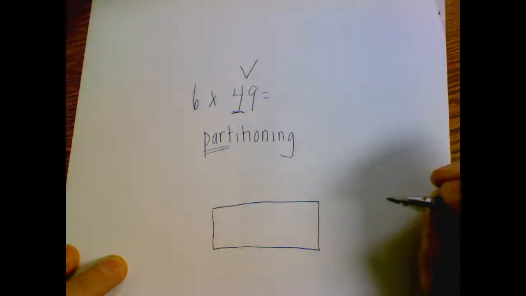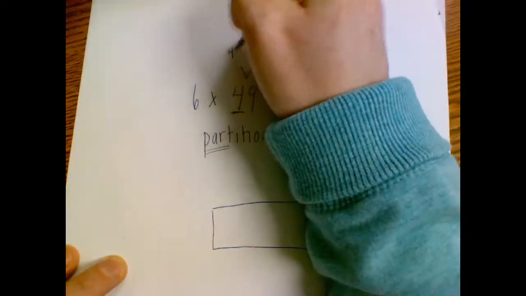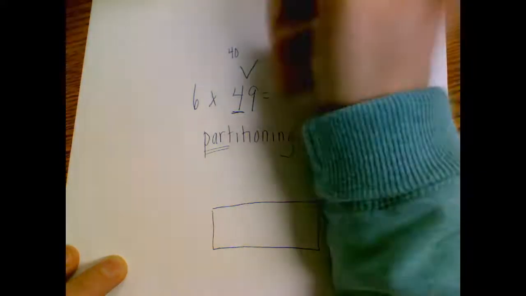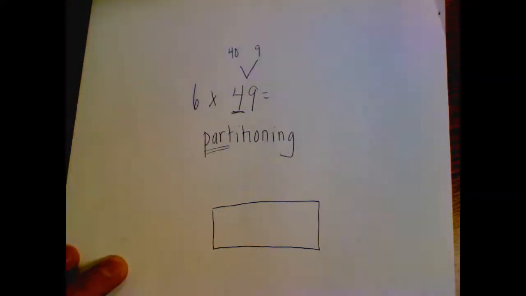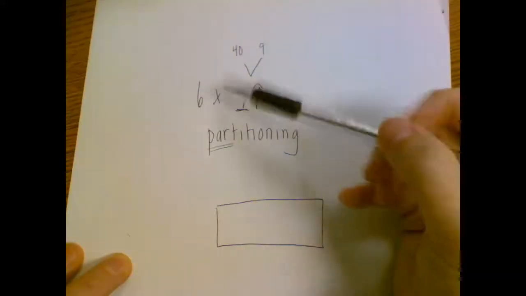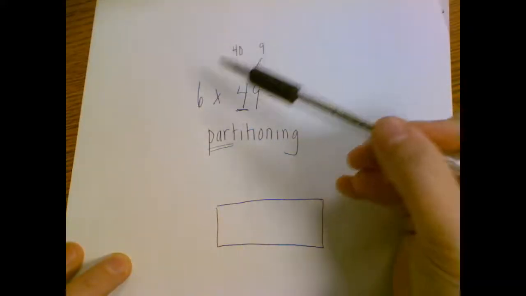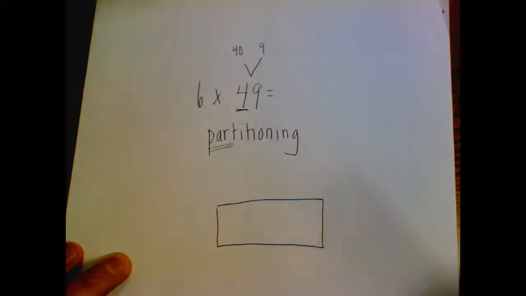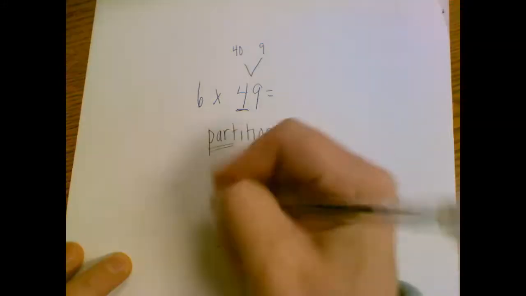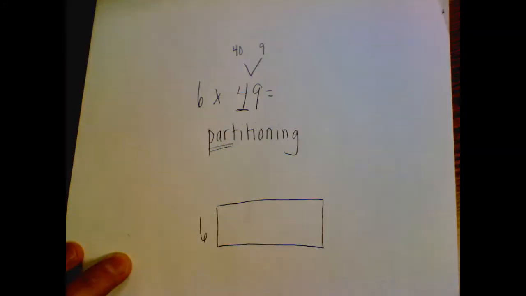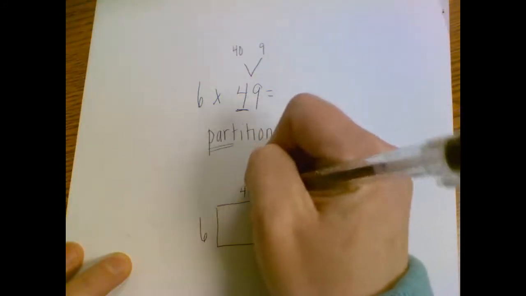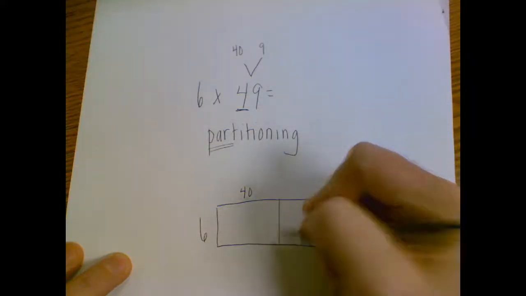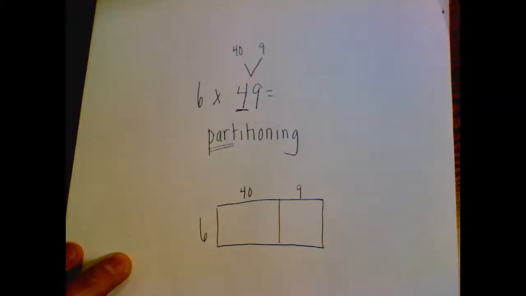So this 4 is worth 40, and then the ones are 9. So what that means is if we multiply 6 by 40 and 6 by 9, we'll get our correct answer. So I'm going to put the 6 over here. I'm going to put the 40 here and the 9 here.